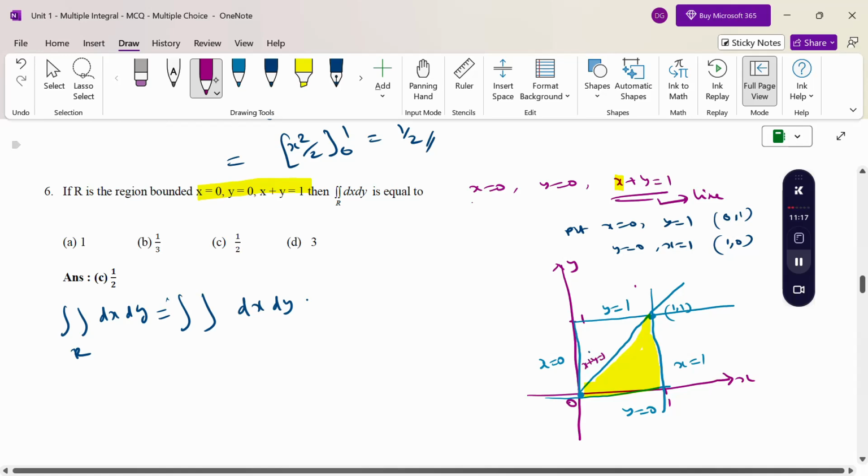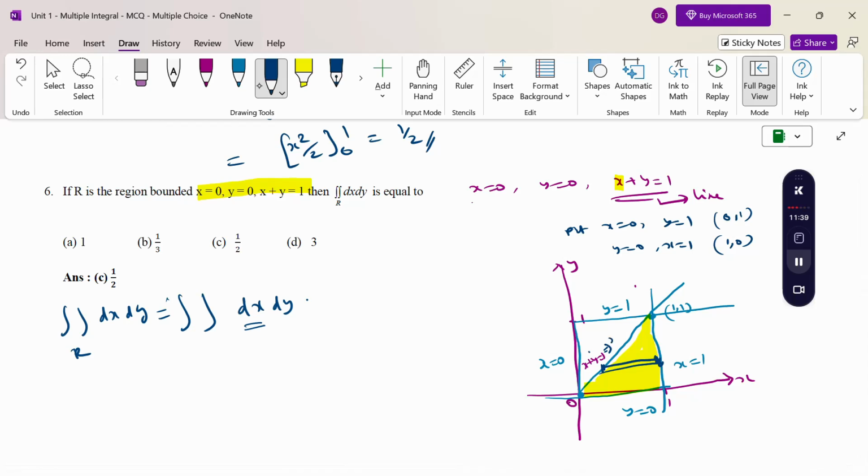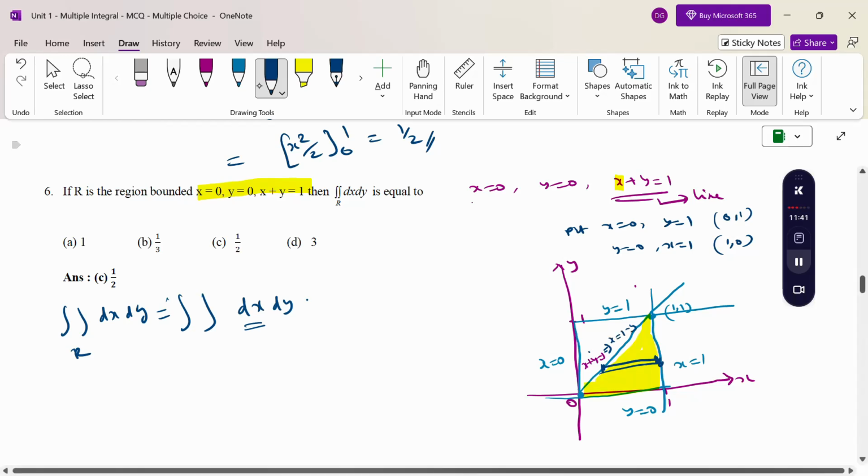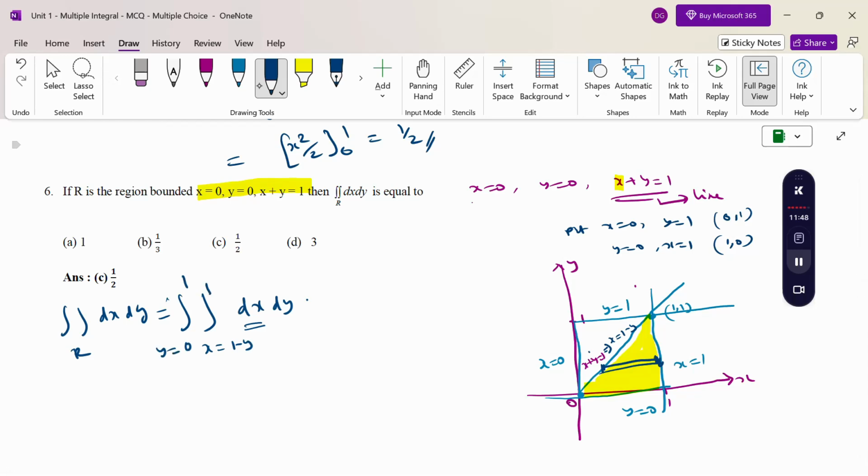Now to consider a horizontal strip means x is the first variable. If x is the variable, then consider the horizontal function. Suppose we change to dy dx, then consider vertical. Now this is a horizontal strip. From the equation x plus y equal to 1, x equal to 1 minus y. Therefore here x goes from 1 minus y to 1, and y from 0 to 1.